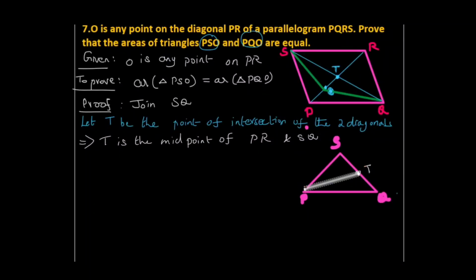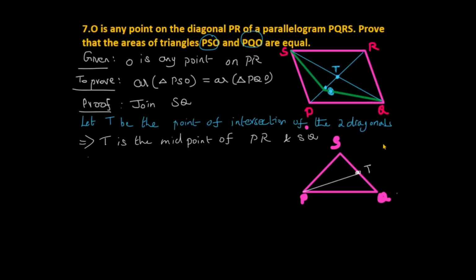Now after joining these two, we will be having the median of triangle SPQ. So in triangle SPQ, PT is the median, which means the median divides the triangle into two equal area triangles.